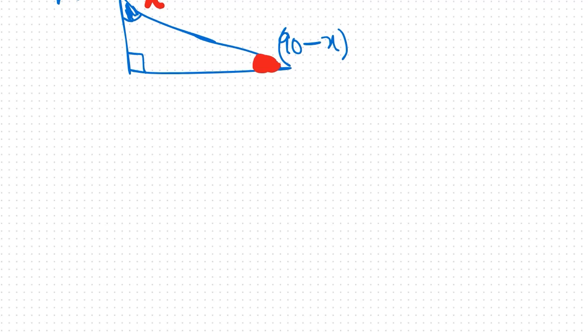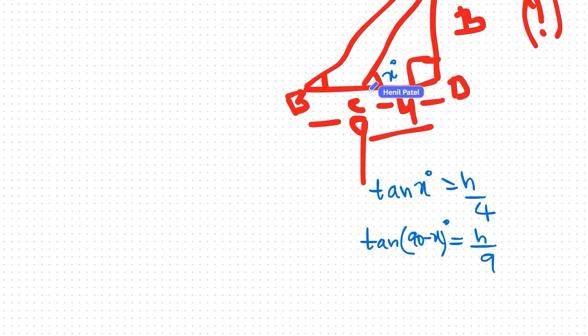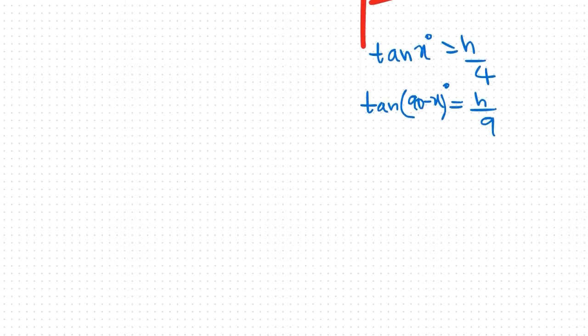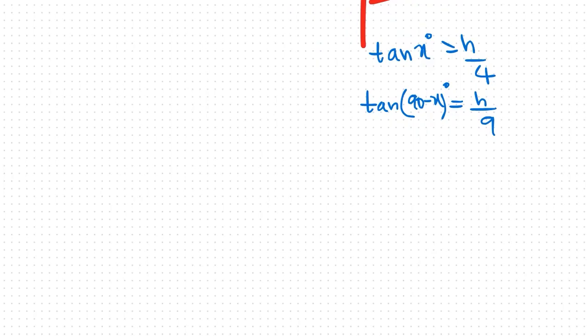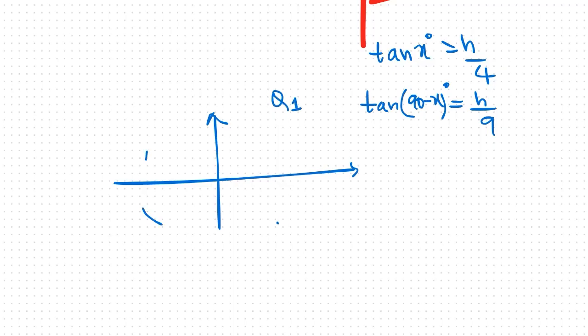Okay, let's try the question from the previous class, trigonometry. It's about angles in quadrants. If we talk about the x-axis and y-axis, how many quadrants are there? 4, Q1, Q2, Q3, Q4, right?